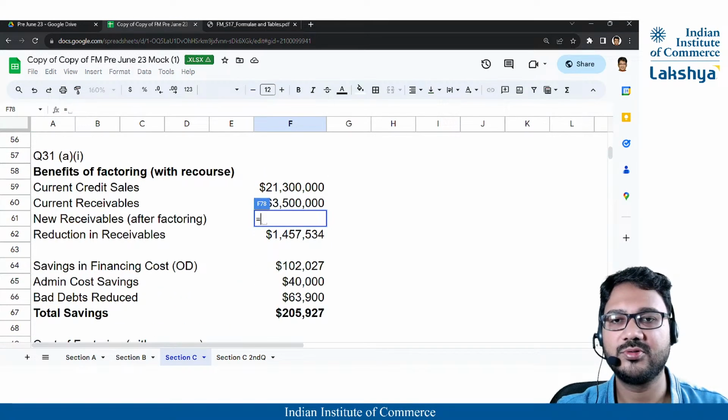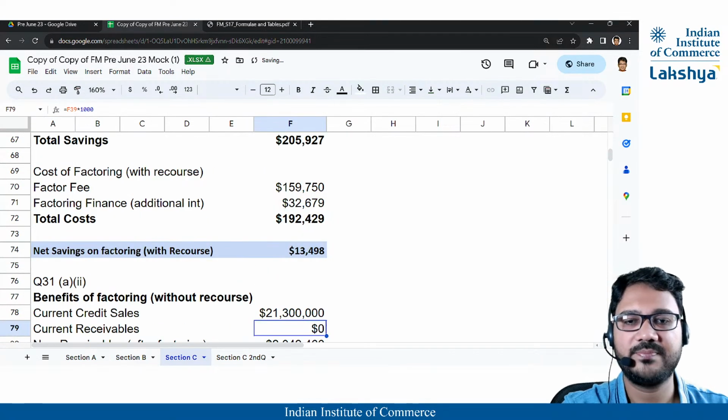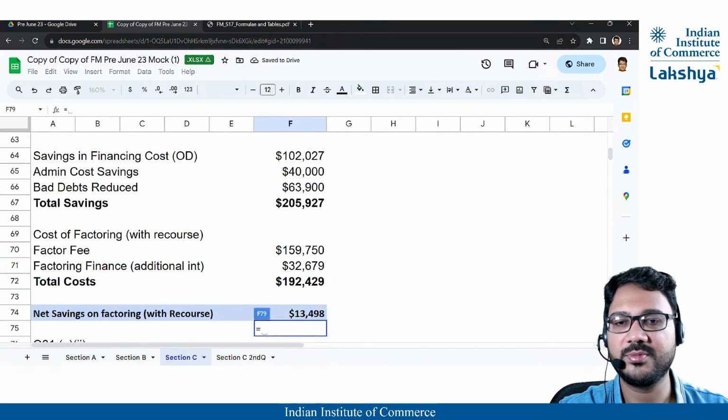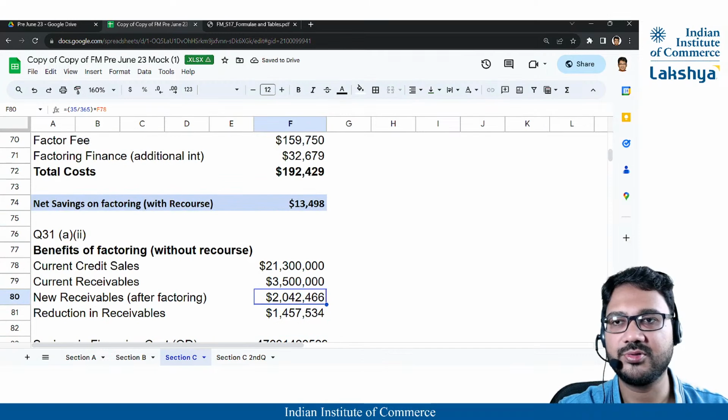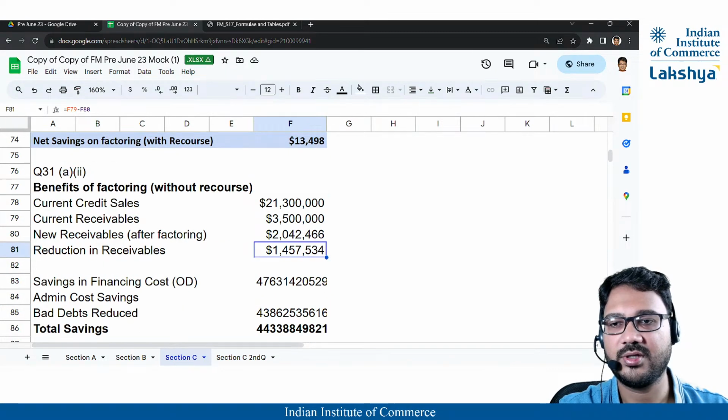So we are just going to take the same current receivables. There's no impact on new receivables or the reduction in receivables.